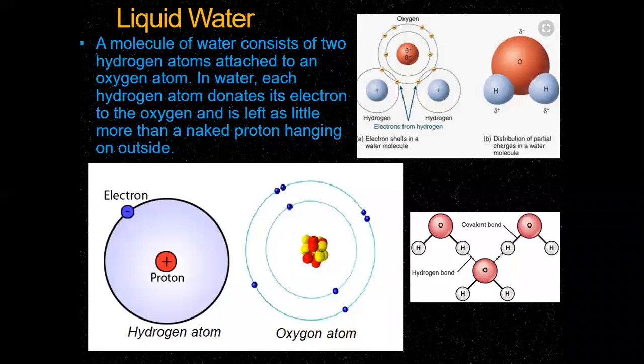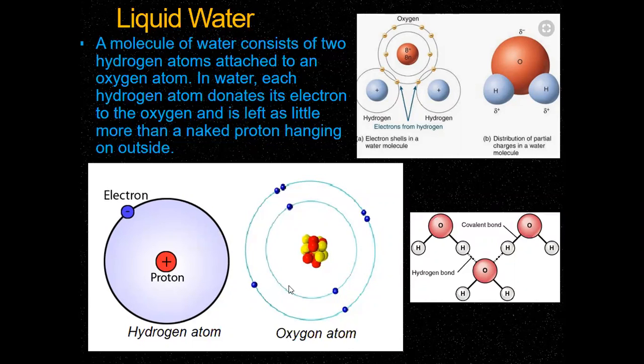So, liquid water. You know water is H2O, so we need two hydrogen atoms and one oxygen in one water molecule. In this diagram you may see a hydrogen atom, where we have one proton at the nucleus and one electron orbiting around the proton.